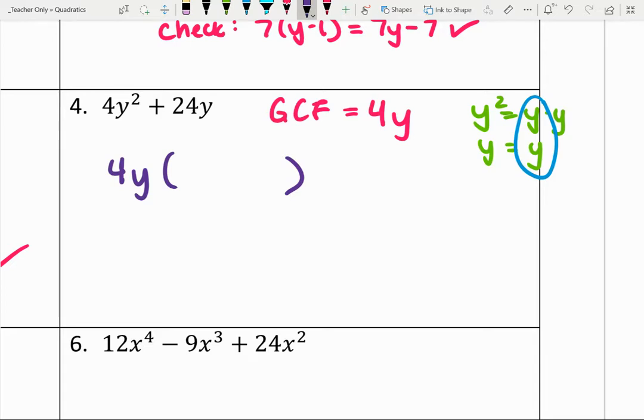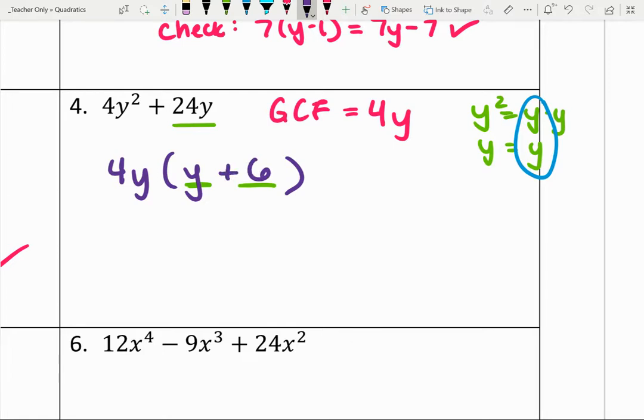Then inside my parentheses, again, I'm thinking either what are the leftovers if I took out 4y, or I can think of what would I have to multiply by to get back to the original. So 4y times what makes 4y squared? 4y times y makes 4y squared, and 4y times what makes 24y?